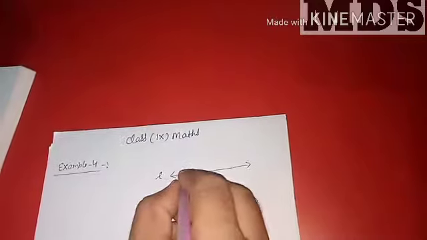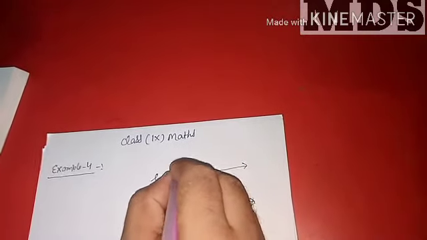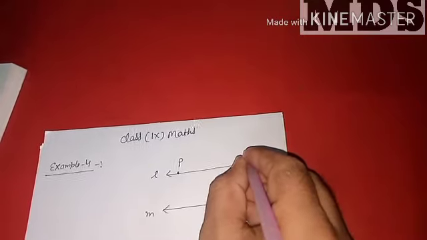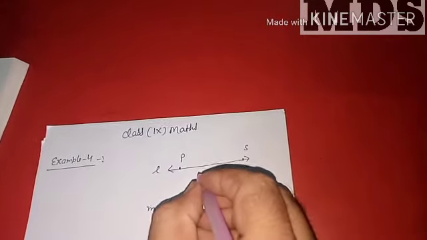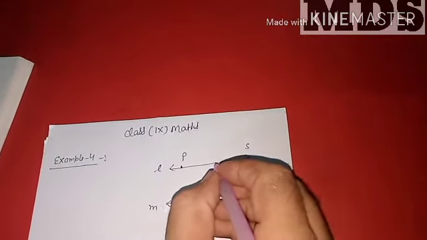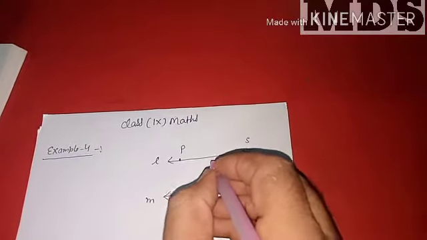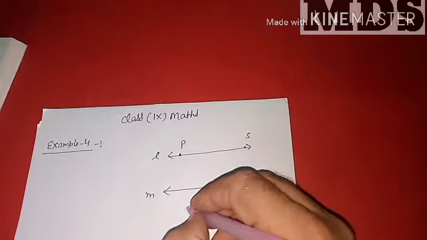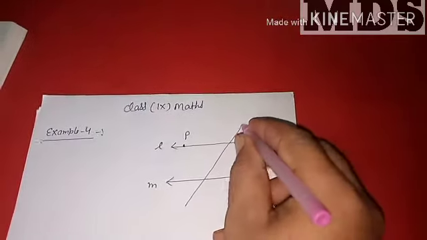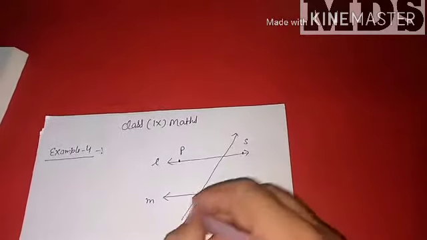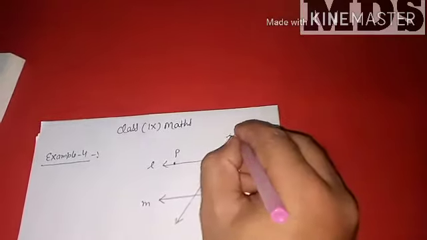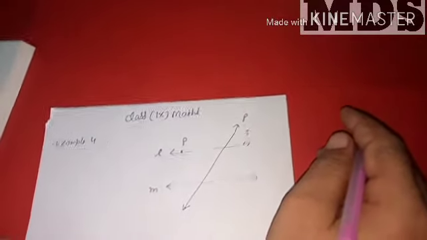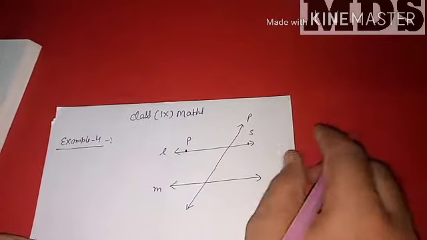This point's name is P, and what's the name of this point? S. So two parallel lines L and M are intersected by a transversal P. This is the transversal which passes through this P, and both lines are parallel to each other.